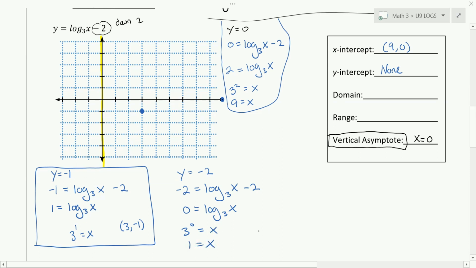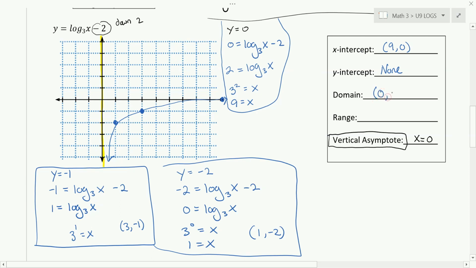So there's a third point at 1, negative 2. Okay, so there's a little sketch of our log function. Our domain, again, starts at 0, starts at that vertical asymptote, goes to infinity. Our range for all of these logarithmic functions goes from negative infinity to infinity.